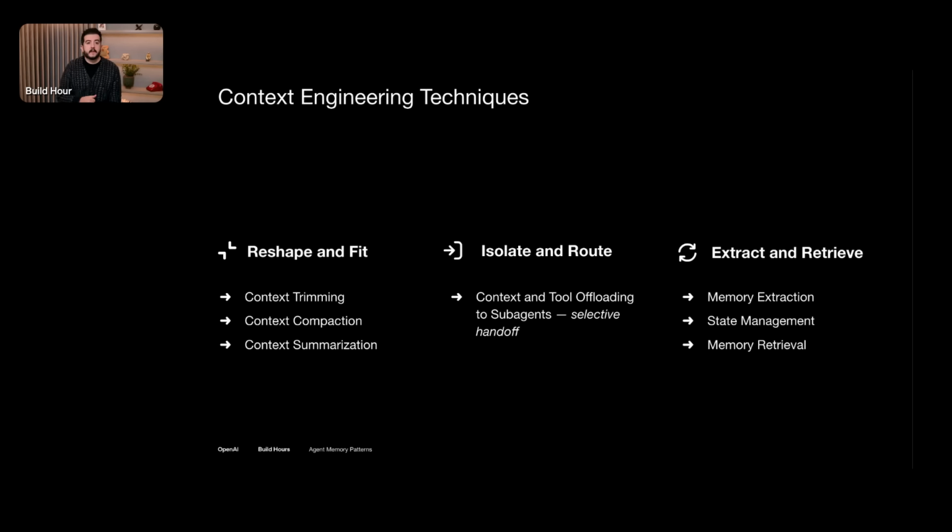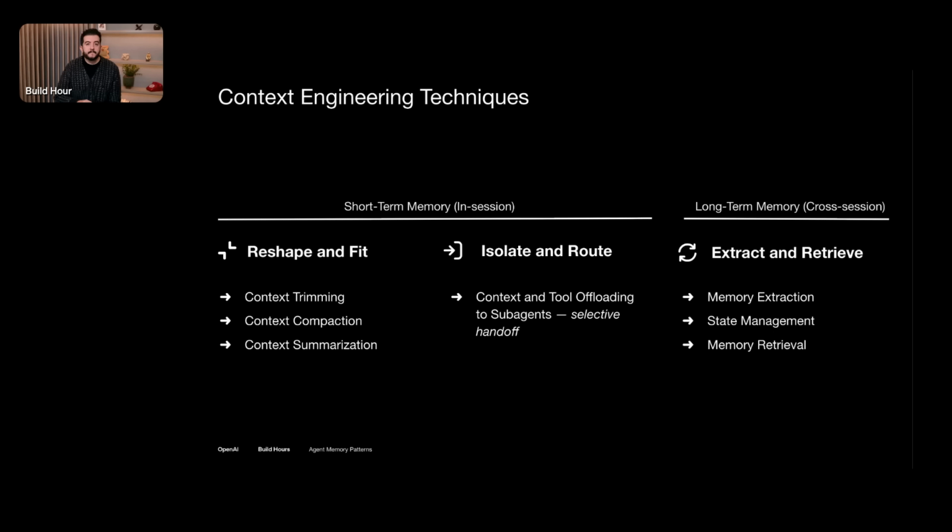We can apply context trimming, compaction, and summarization. The second one is isolate and route. We can offload context and tools to specific sub-agents with a selective handoff. And the last bucket is extract and retrieve. We can talk about memory extraction, state management, and memory retrieval in that last bucket.